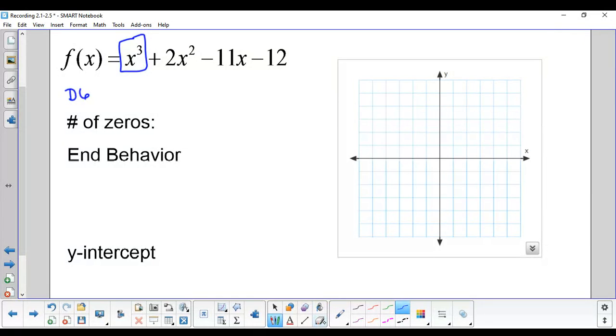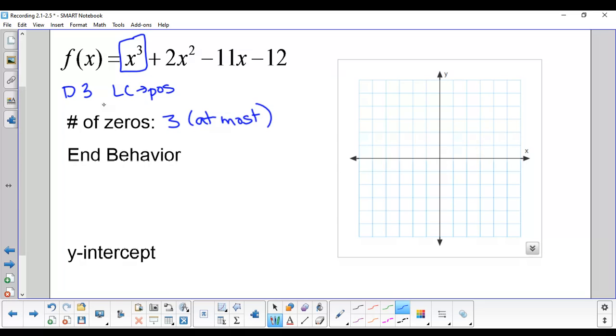Oh, sorry, a degree 3. I apologize for that. And I also know that the leading coefficient is positive. It's actually an invisible 1 sitting in front of that. Because it's a degree 3, I know I could have at most 3 zeros. That means I don't have to have 3 zeros, but I could have up to 3.